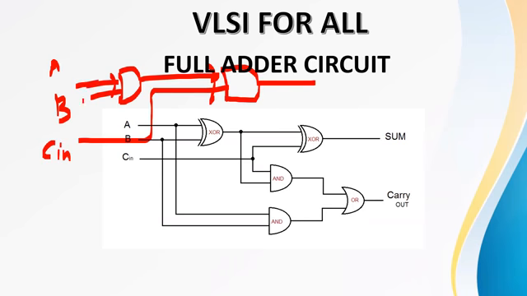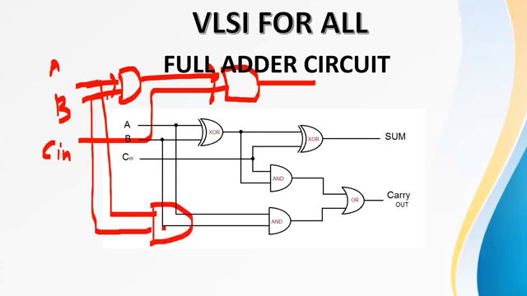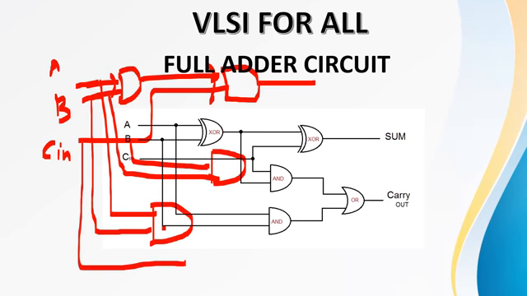And as I said, for carry, we have to take A, B, and AND it. And then B, C, AND it. And then we have to take this C in and A, ANDed, right?